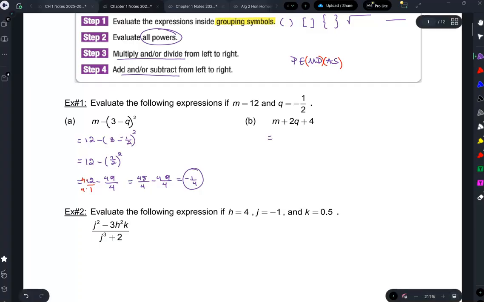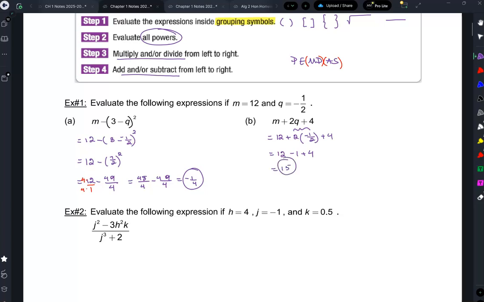So we have M, which is 12, plus 2 times negative a half, plus 4. Order of operations says we have to do the multiplication first. So this is 12, 2 times negative a half is minus 1, plus 4. Altogether, this is 15.